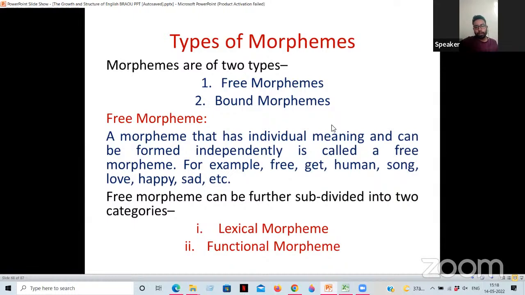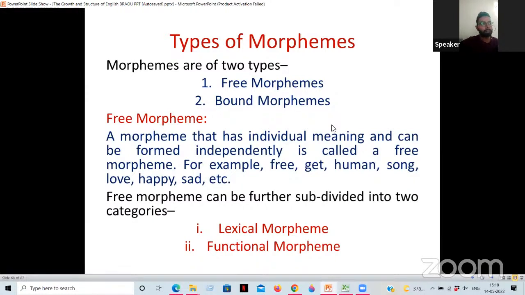When you will make it adverb, to modify a verb or an adjective, you have to make it freely. Now here, if you say freely, it depends on another morpheme, that is ly. Now when it depends on something else, that becomes a bound morpheme because bound morphemes cannot stand alone. We will talk about that. First of all, let's understand what is free morpheme.